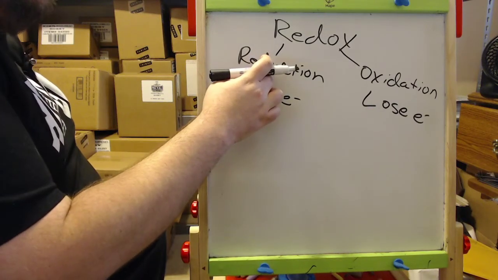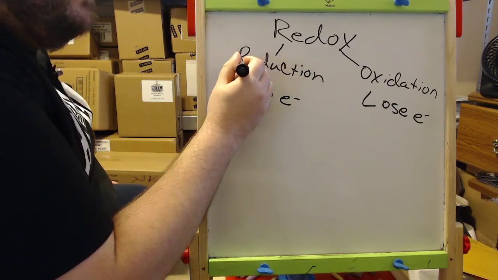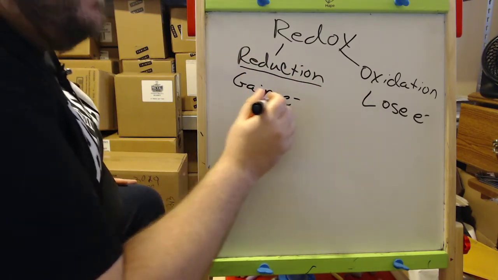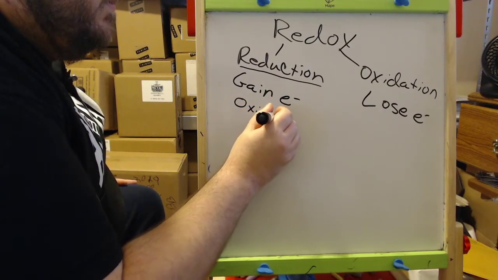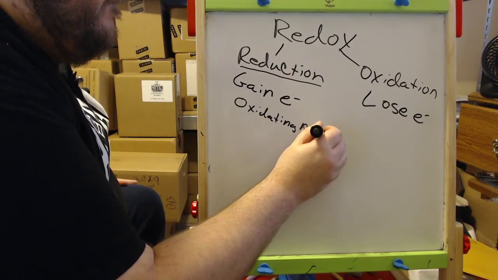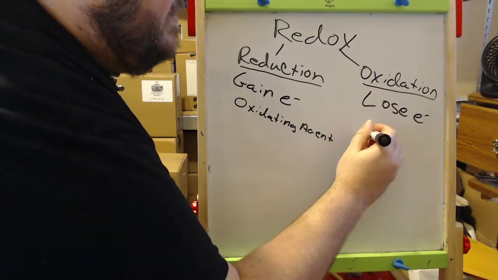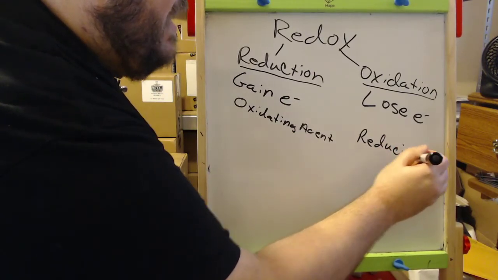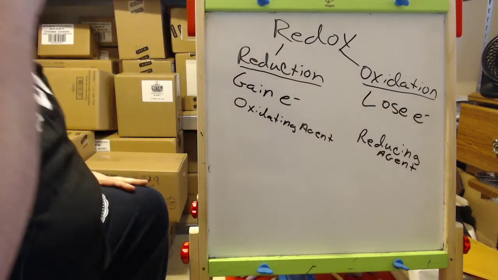If I'm being reduced, if I'm undergoing reduction and gaining electrons, I'm known as the oxidizing agent. And if I'm undergoing oxidation and losing electrons, I'm known as the reducing agent. Now I know that might not make sense right now, but we'll come back to this. I'm just putting this up there for completeness.